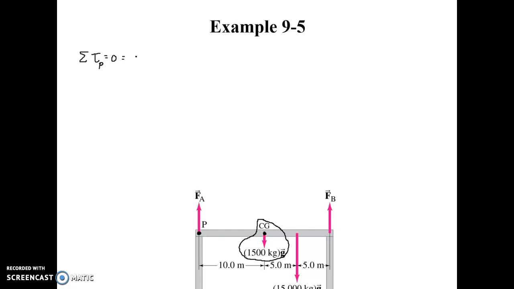So we have 1,500 kilograms. Now that's a mass, not a weight, so we have to multiply that by g to turn it into newtons, to turn it into a force. And then we also have to multiply that by the moment arm distance, or the lever arm, which is 10 meters.